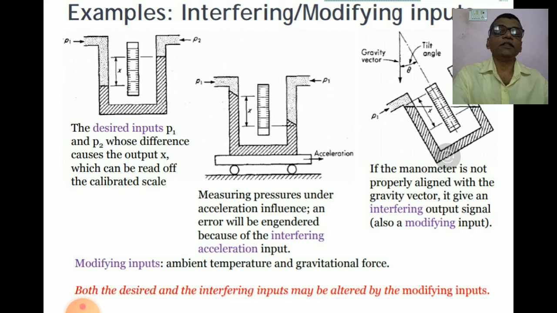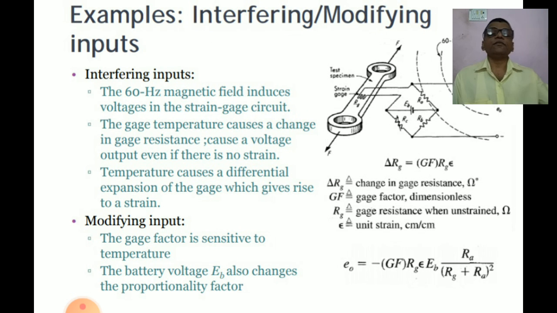So we'll see one example, for interfering and modifying inputs. In this case, shown in the slide, there are interfering inputs. The 60 Hz magnetic field induces a voltage in a strain gauge circuit. The gauge temperature causes a change in gauge resistance, causing a voltage output even if there is no strain. So temperature causes a differential expansion of the gauge, which gives rise to strain.